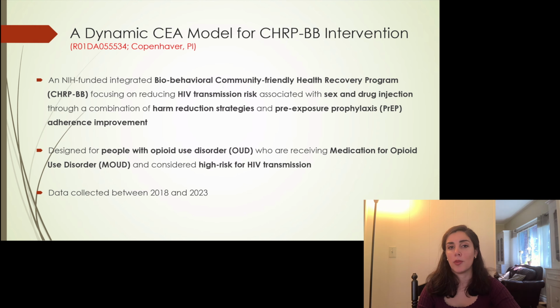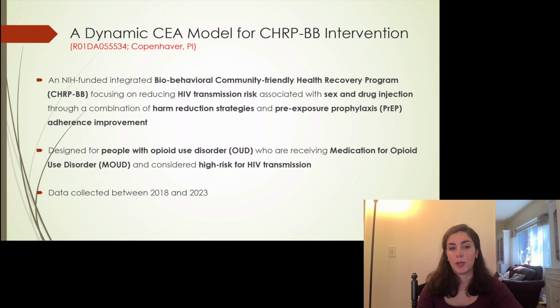CHRP-BB is a biobehavioral Community-Friendly Health Recovery Program, which is NIH-funded and focuses on reducing HIV transmission risk associated with both sex and drug injection through a combination of harm reduction strategies and PrEP adherence improvement. This intervention is designed for people with opioid use disorder who are receiving medication for opioid use disorder, or MOUD, and they are considered high risk for HIV transmission.